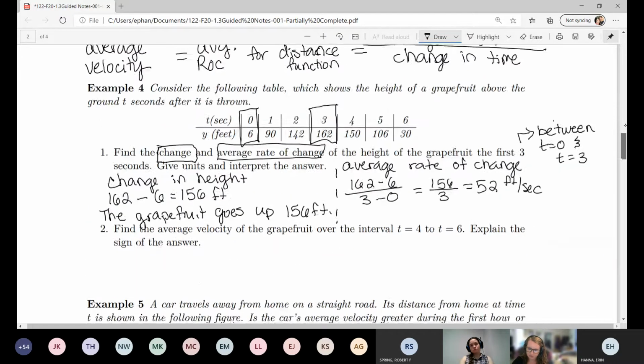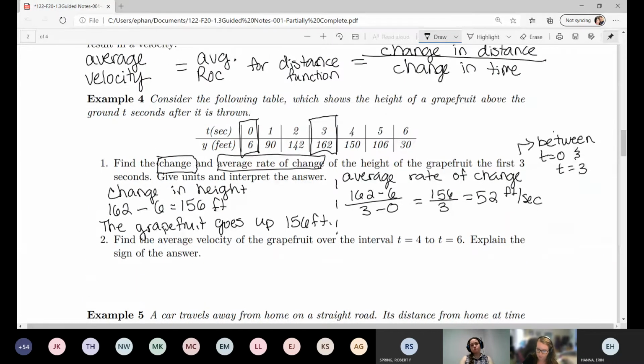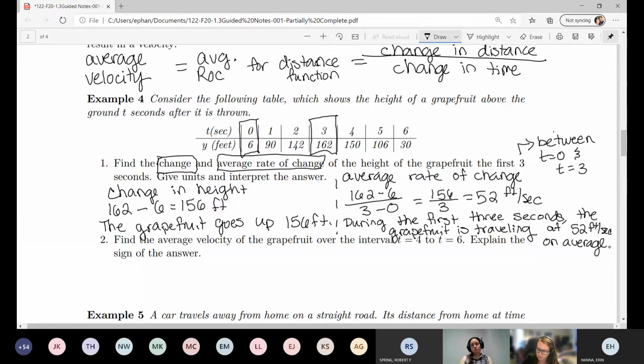So how I would phrase it would be: during the first 3 seconds, the grapefruit is traveling at 52 feet per second on average. You could say traveling on average at 52 feet per second.